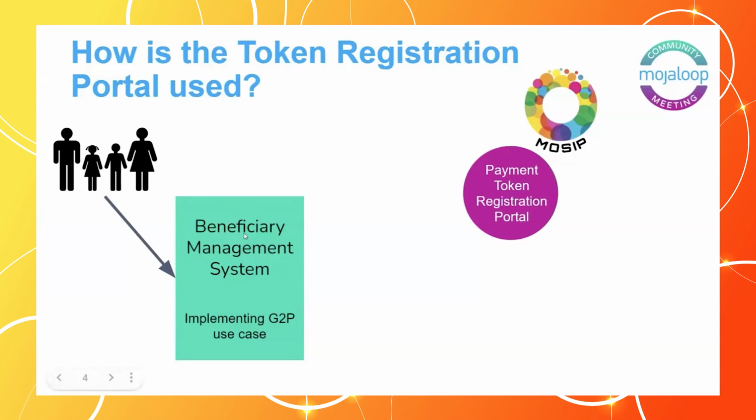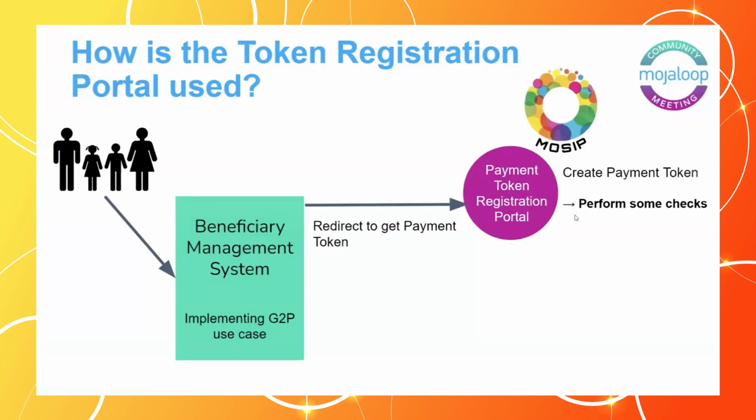How it does this is through a redirect. It's an OpenID Connect redirect, which is a fancy way of saying it's a remote login. So you just redirect to this remote login site, and then we leverage MOSIP to identify the person, and then we do some other checks, and then we create a payment token and return that token back to the beneficiary.